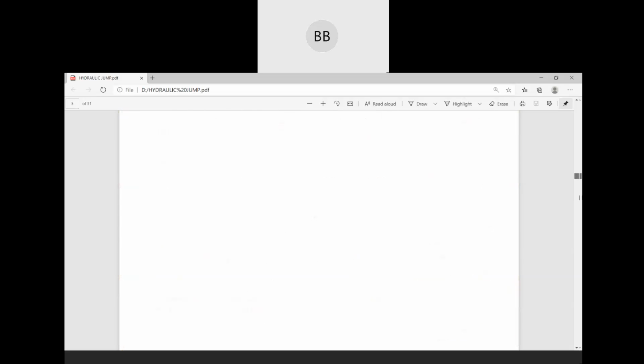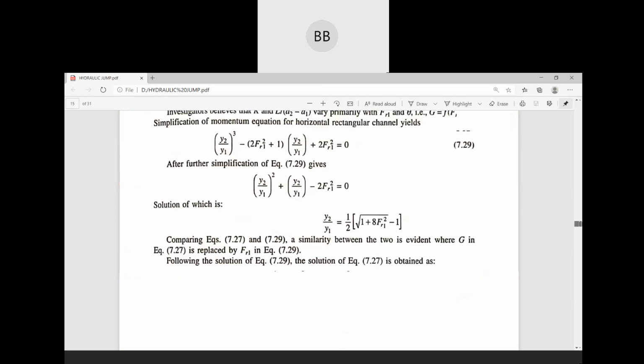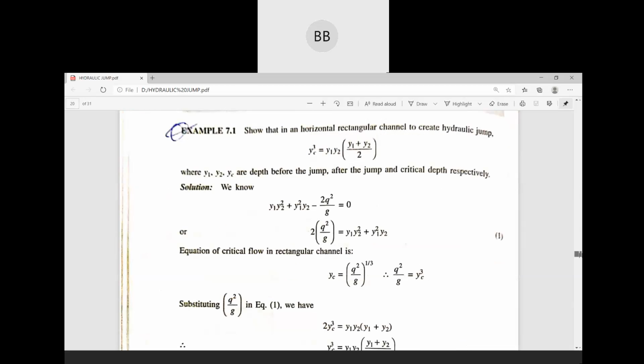to show that yc cube is equal to y1 y2 (y1 plus y2) divided by 2. Okay. So we use this expression. Then we bring this term in left hand side and other term in right hand side.